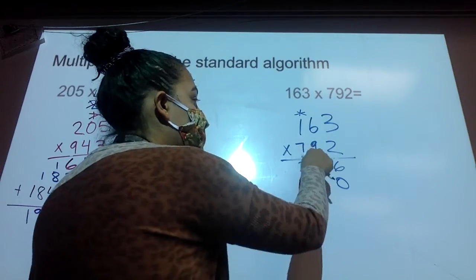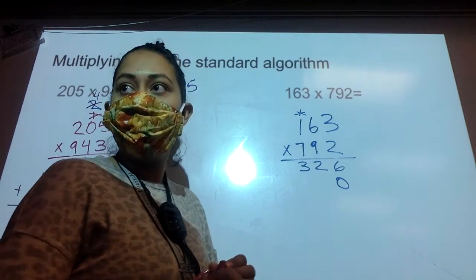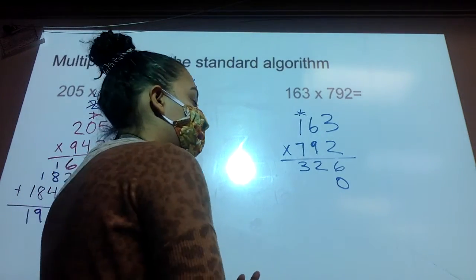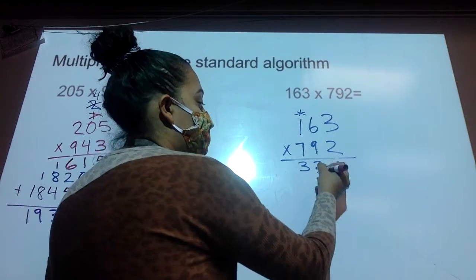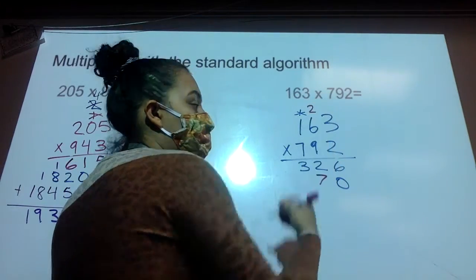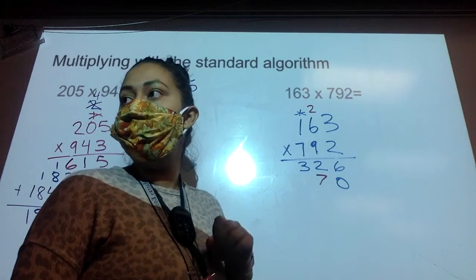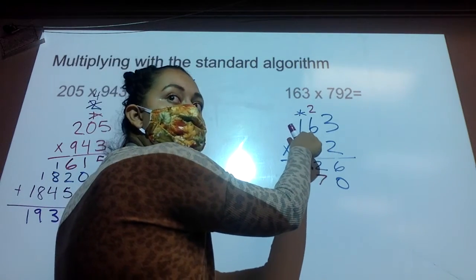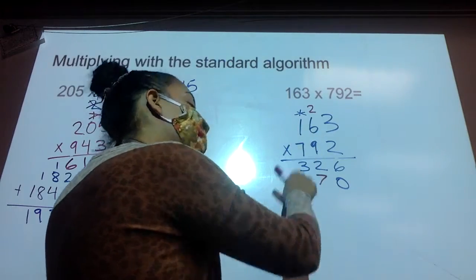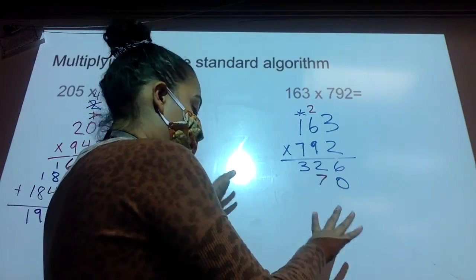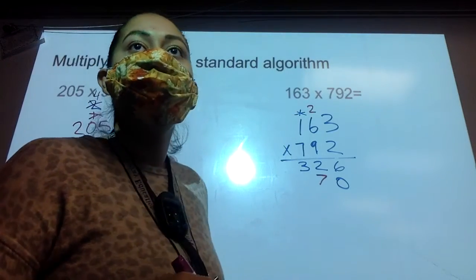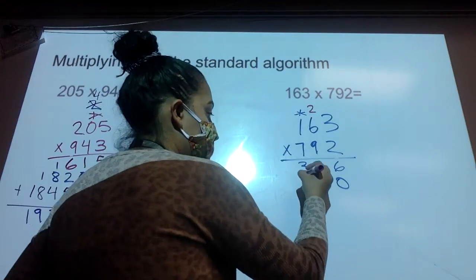So now we have 9 times 3. 27. So 7 here. Carry the 2 into the next column. Okay, 9 times 6, 54. 54 plus 2. 56. 6 here.